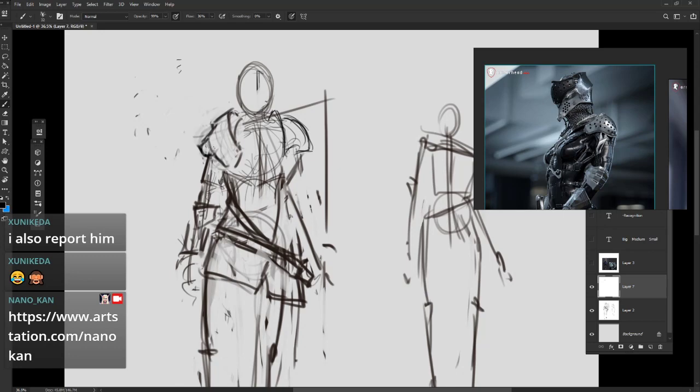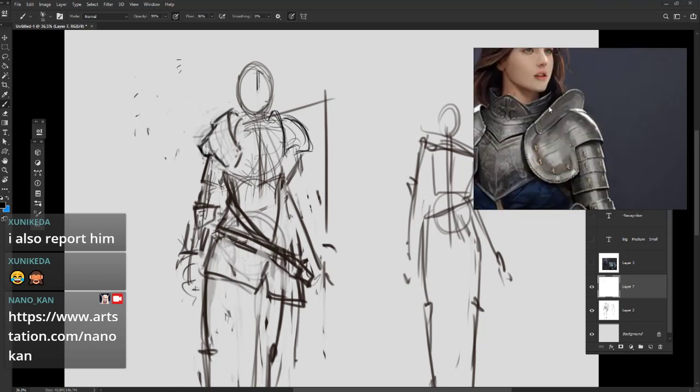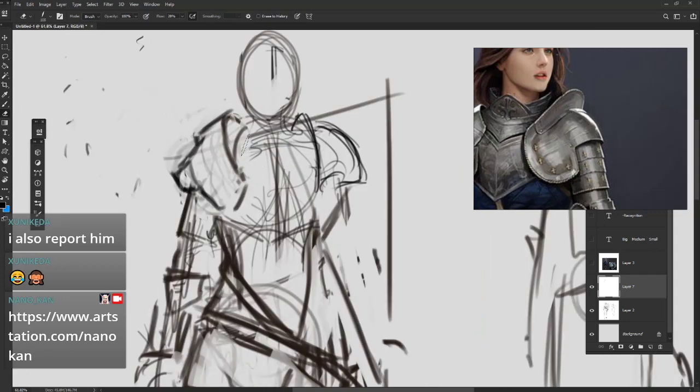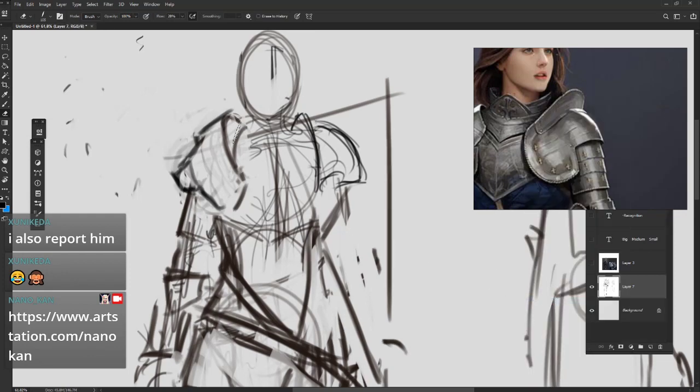I try a combination between this one and this one. I really like the way it's shaped. So it's completely fine, at least in my opinion.